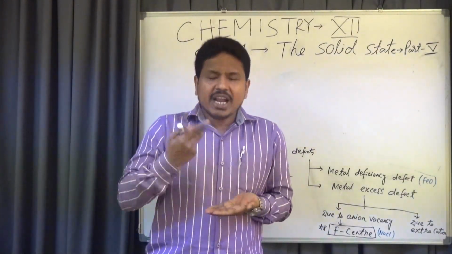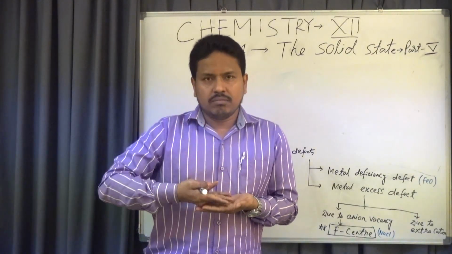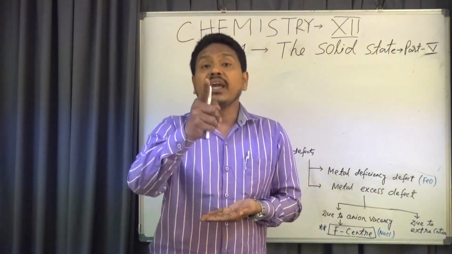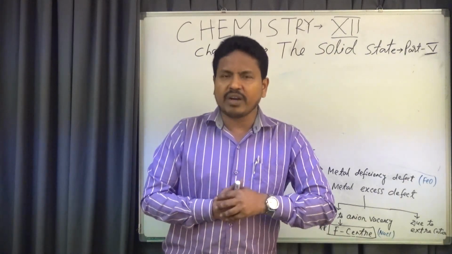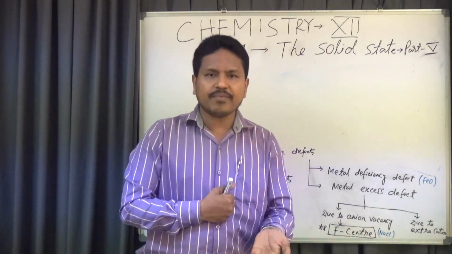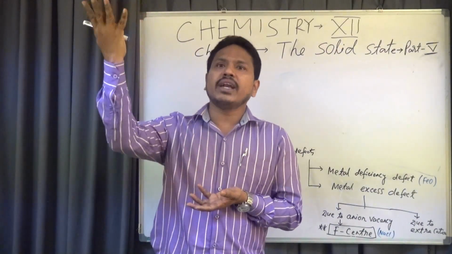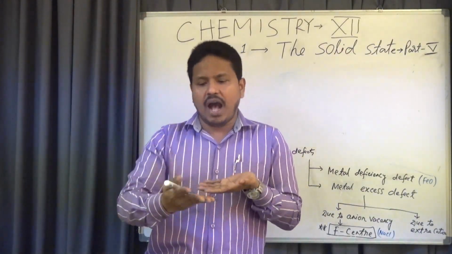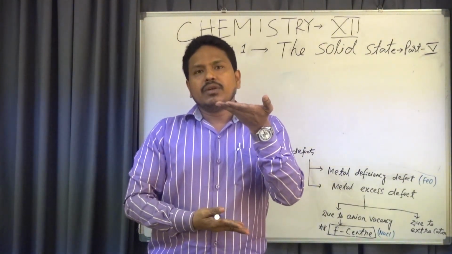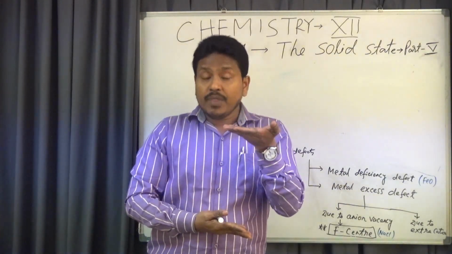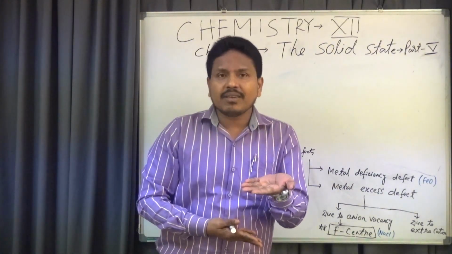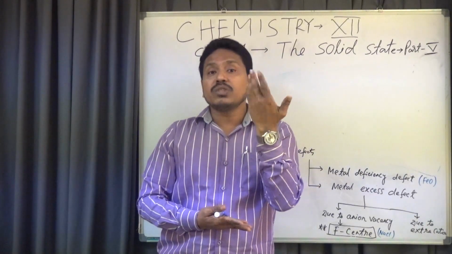Then the shifting of the negatively charged electron results in pink color in the lithium chloride crystal, because the electron trapped in the anionic vacancy, the F center, may absorb radiation from visible light and jump to a higher level. Only visible radiation, whose frequencies and wavelengths are visible to our naked eye. That's why it looks colorful.